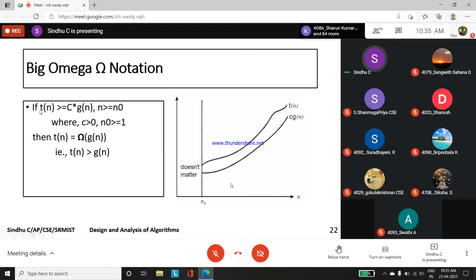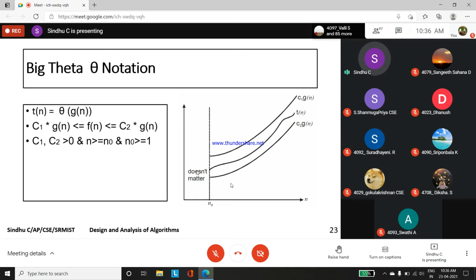So if T of n is always greater than c times g of n, then I can say that T of n is big omega of g of n. This holds for any input greater than n0, which means before that it can be in any pattern.